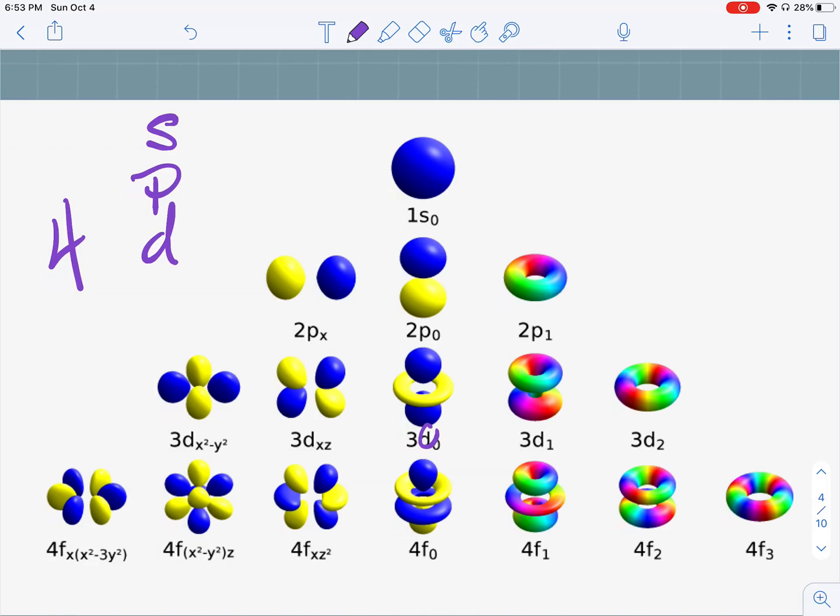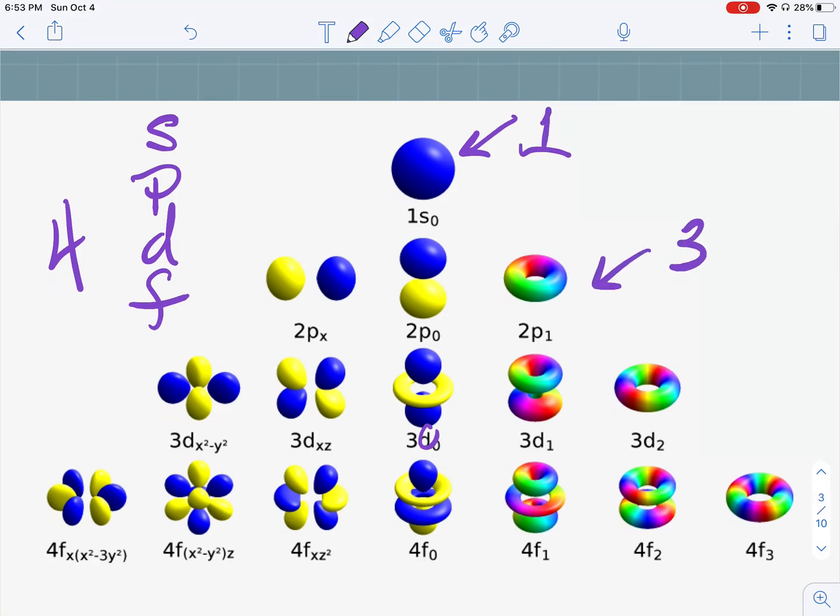So the F ones are even more complicated. So you can see that there's one possible shape to an S sublevel. There are 3 possible shapes to a P sublevel. There are 5 possible shapes to a D sublevel, and there are 7 possible shapes to the F sublevel.